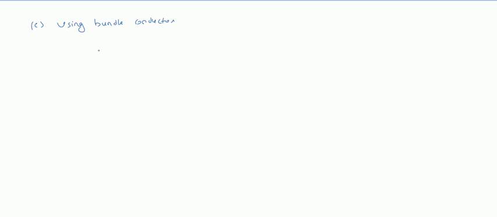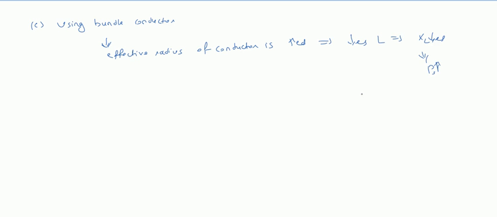So just now we can say that in bundle conductor the effective radius of the conductor is increased, which will basically reduce the value of L, and thereby XL gets reduced, and thereby power transfer increases.